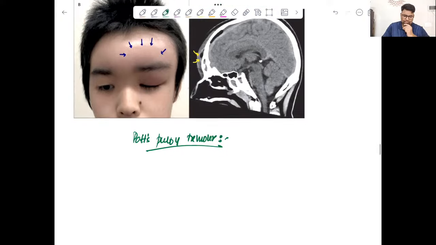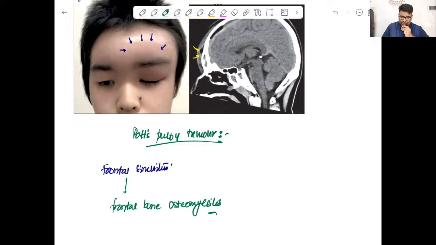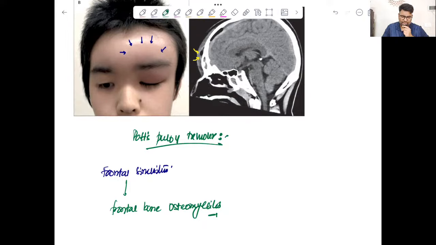Now here there is frontal sinusitis, which leads to frontal bone osteomyelitis. Clear? And secondary to this, there is abscess formation and subperiosteal collection.